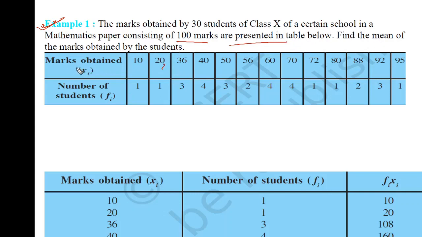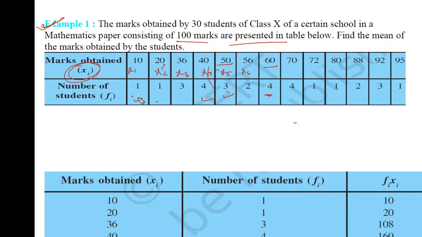Now you see marks obtained, we have written it as xi. That means this is your x1, this is your x2, this is your x3, this is your x4, like this x5, x6 and so on. This will be your xn. Similarly, these are the frequencies. That means 10 marks is obtained by one student, 20 marks by one student, 40 marks by 4 students, 50 marks by 3 students, 60 marks by 4 students and so on.